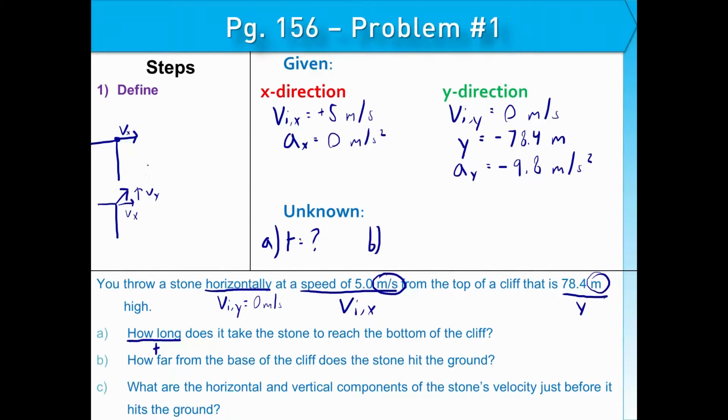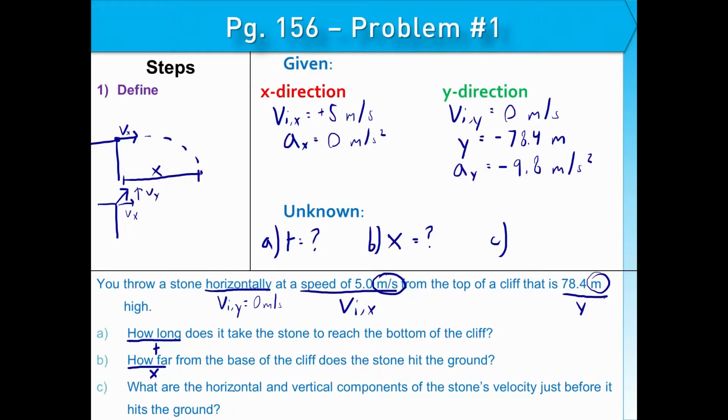So when the stone is being thrown, it's going to be thrown like this, and it's going to just fall right here. This is where it lands. So part B is asking us, what is this length right here, which is the x displacement? How far is represented with the x variable. So we're going to put this as my unknown.